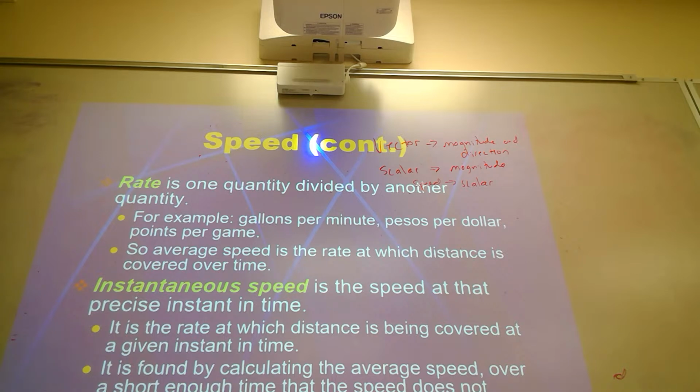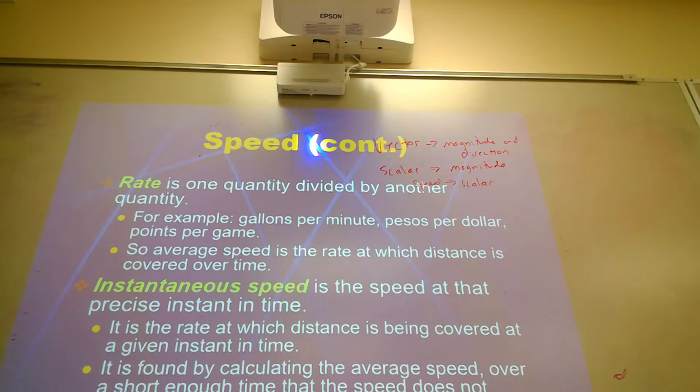Okay, what does a car speedometer measure? We have a choice here. Well, they haven't defined velocity yet, so it's not really possible for you to distinguish well between the two. But is it average speed, instantaneous speed, average velocity, or instantaneous velocity?